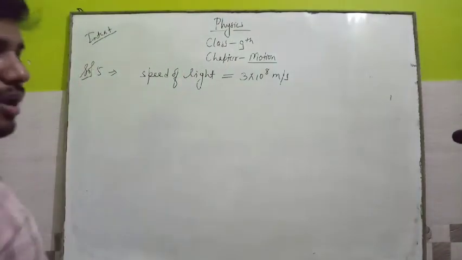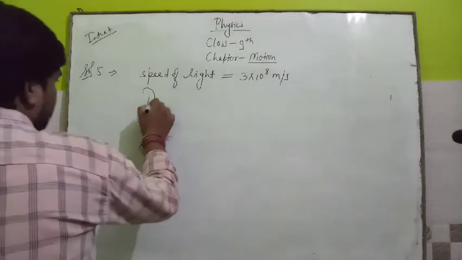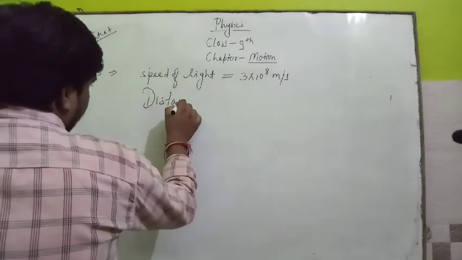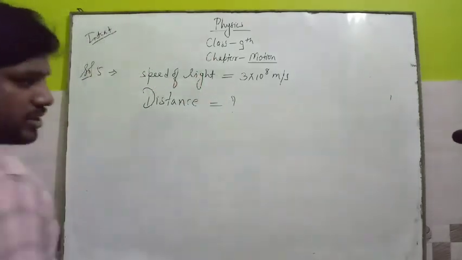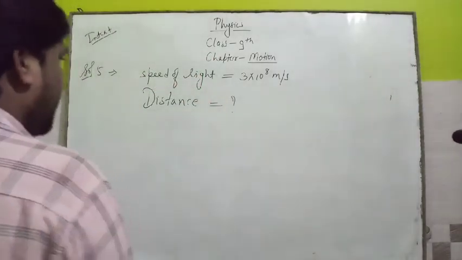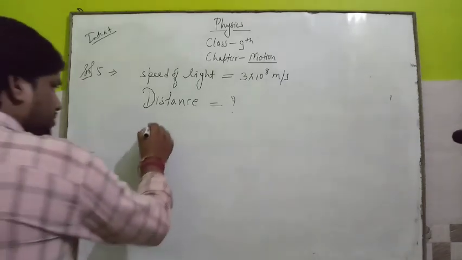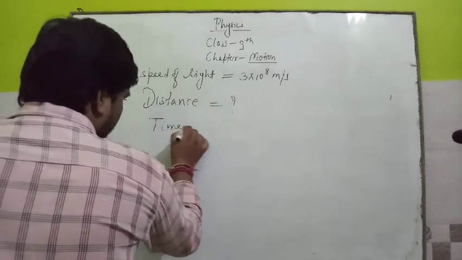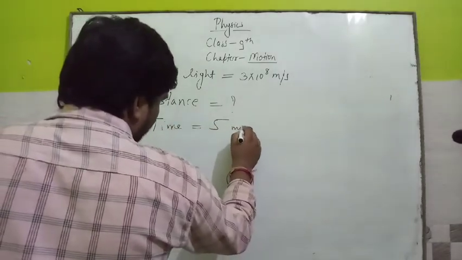The question is asking about the distance traveled by the signal. And time is already given in the question. Time is equal to 5 minutes. Clear?